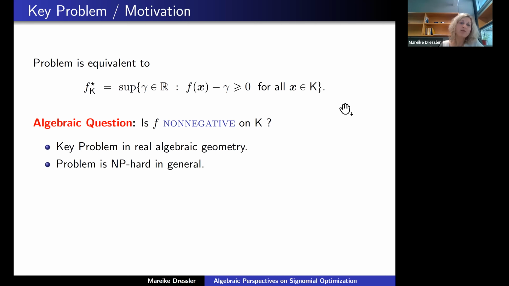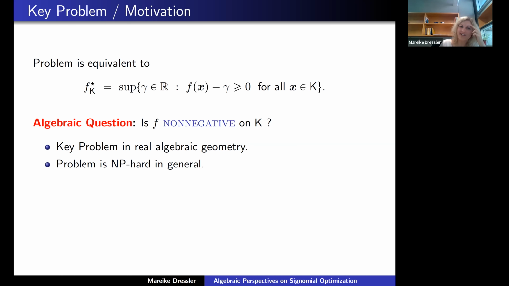This is a key problem in real algebraic geometry, especially for polynomials. This dates back to the 19th century and questions of David Hilbert and co. But clearly, unfortunately, it is still NP hard.